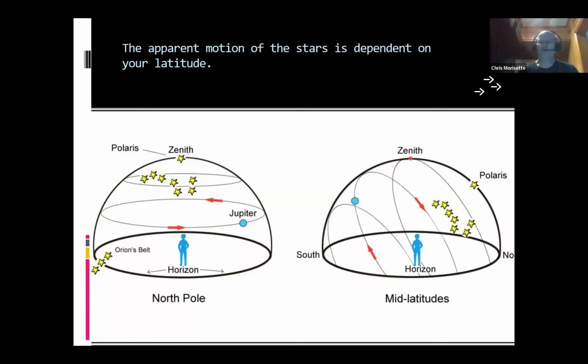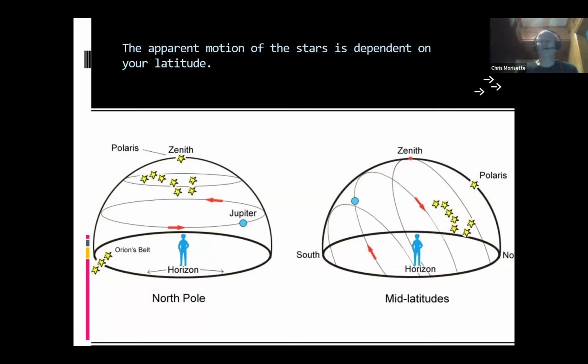As you move farther south, things change and you get the sphere appearing to rotate more around us, like the sun would, for example. So in the picture on the right, Houston is at roughly 29 degrees north, which means Polaris will be at 29 degrees above the horizon.